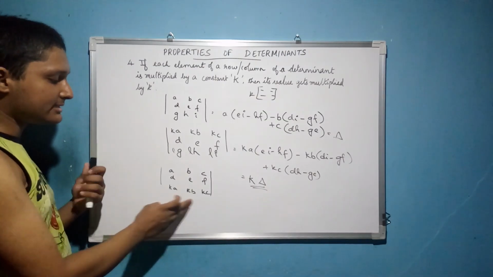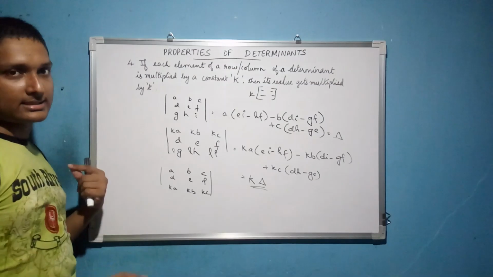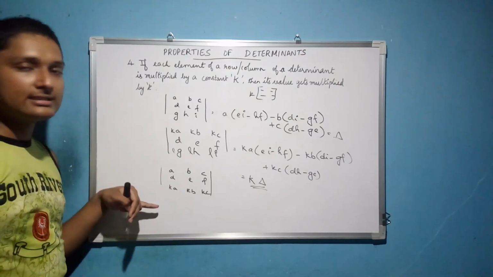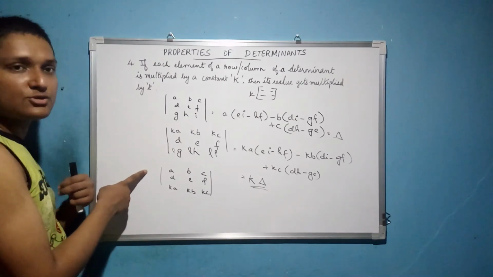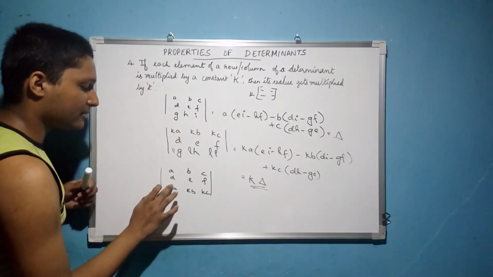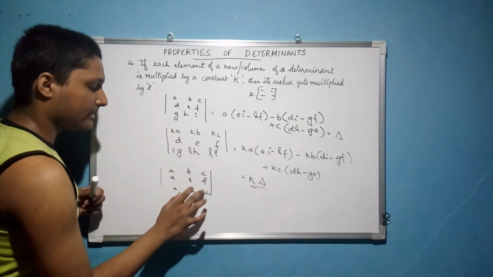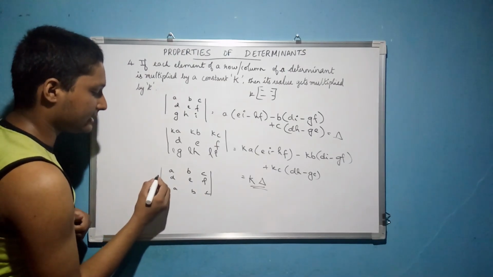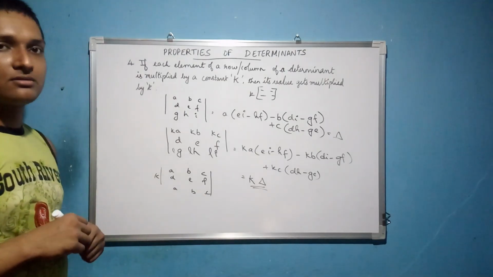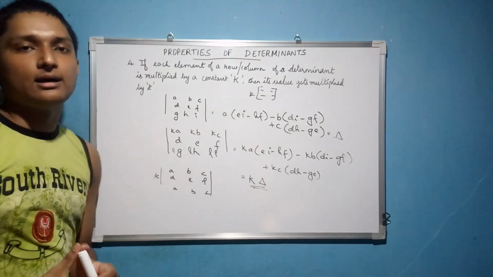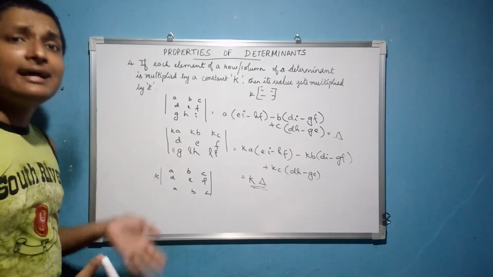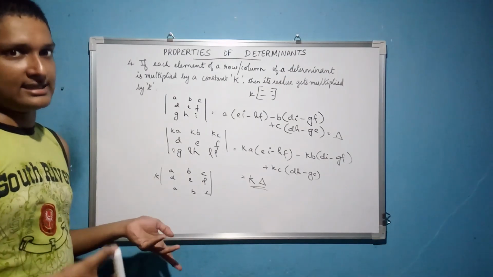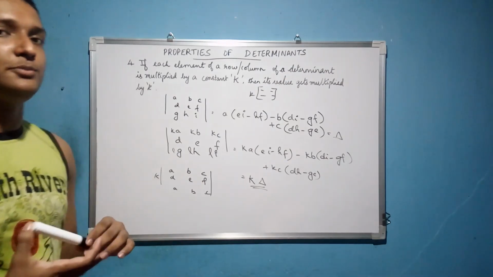First, we need to remove this K outside. If you remove the common K outside, it comes to be, I can rub this off, and this K comes outside here. That means that two rows of the determinant are going to be equal. In that case, this determinant is going to be 0. That's all about the fourth property.